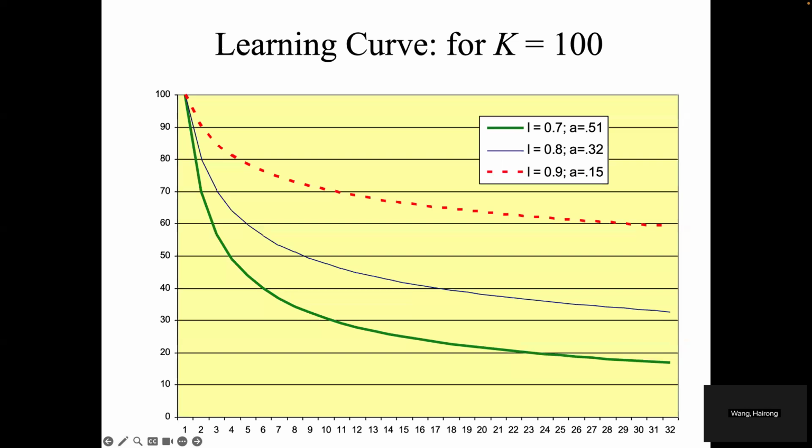Here is an example of how, with different learning rates, the time required for producing each unit is a decreasing curve with different rates.